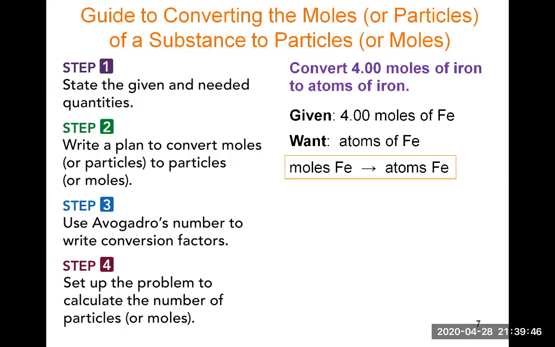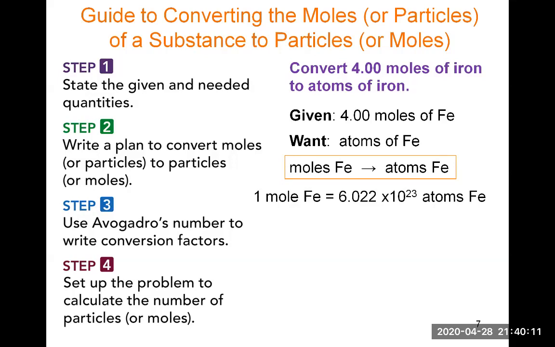You start with moles of iron, and you want to change them into atoms of iron. So the equality that relates moles to atoms, we know now that it's the mole definition that says that 1 mole of iron is equal to 6.022 times 10 to the 23rd atoms of iron.